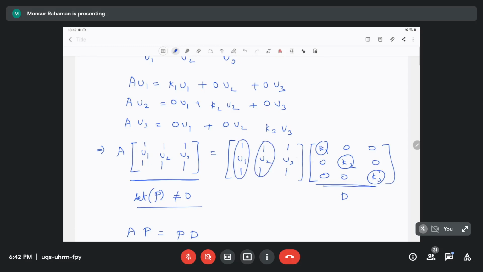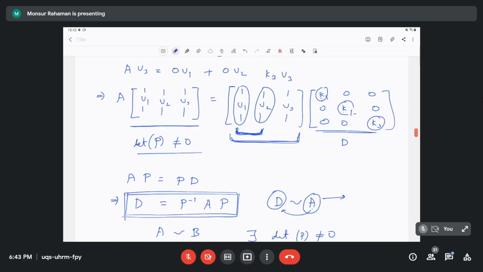If they are the same, suppose this is k1, k1, but for these two eigenvalues, if you find only one eigenvector, then obviously you cannot write in this form because you only find one eigenvector. If you find two independent eigenvectors, at that time only you will find a non-singular matrix.